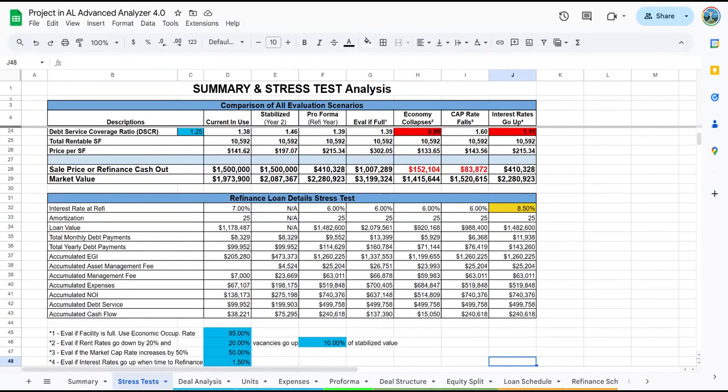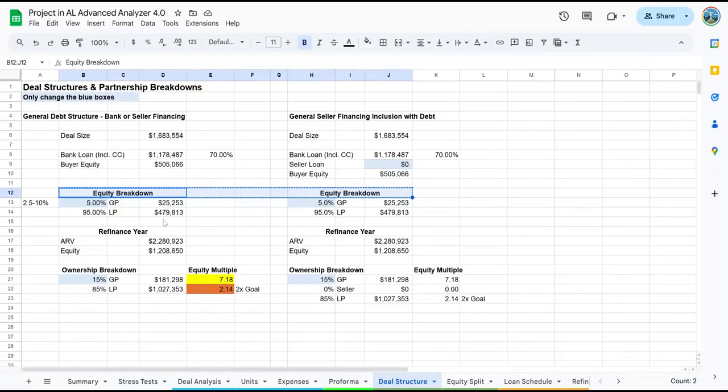So once you're comfortable with how the property will perform in different economic situations, we need to come down to the Deal Structure tab. And this is going to help us come up with the correct numbers to propose to the investors and get the numbers to a place where it will be enticing for investors.